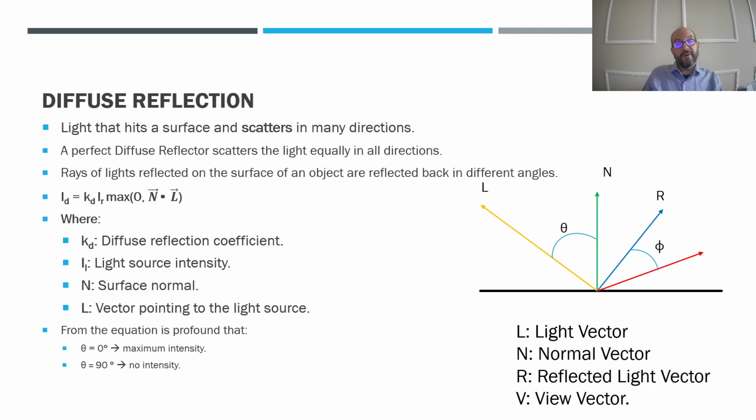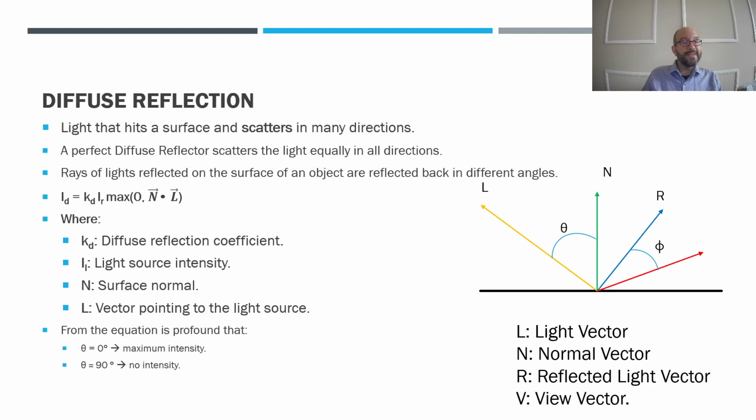The second component of the Phong illumination model is the diffuse reflection. The diffuse reflection represents the light that hits the surface and scatters in many directions. We're not always talking about perfect diffuse reflectors, which are pretty rare, but the light that interacts with the surface and scatters in different directions.